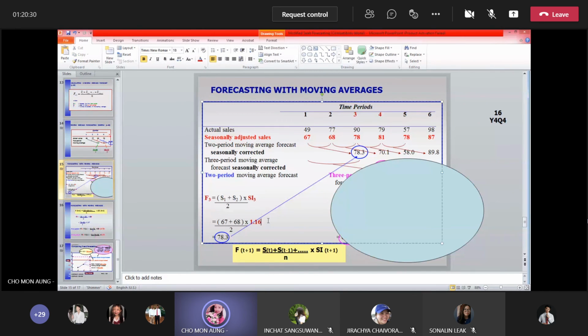Okay? So this is the forecast for period number 3 by using seasonally adjusted or deseasonalized data.